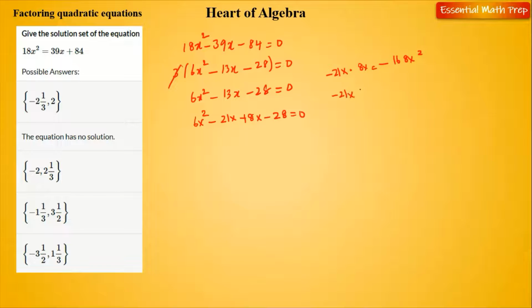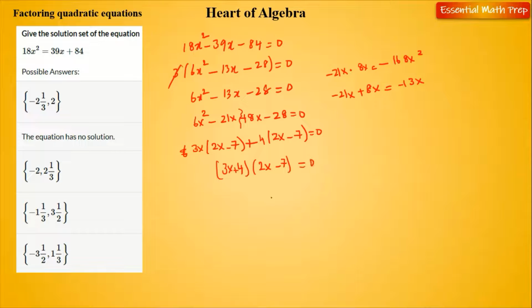Similarly, when you add these two, you get negative 13x, and that's exactly what I did. If I split this in two parts and take 3x out of the bracket, I get 2x minus 7, plus I can take 4 out, which gives 2x minus 7 equals 0. So 3x plus 4 times 2x minus 7 equals 0.